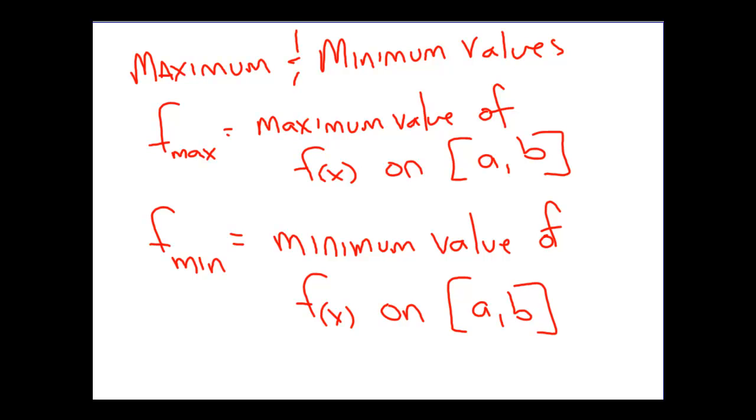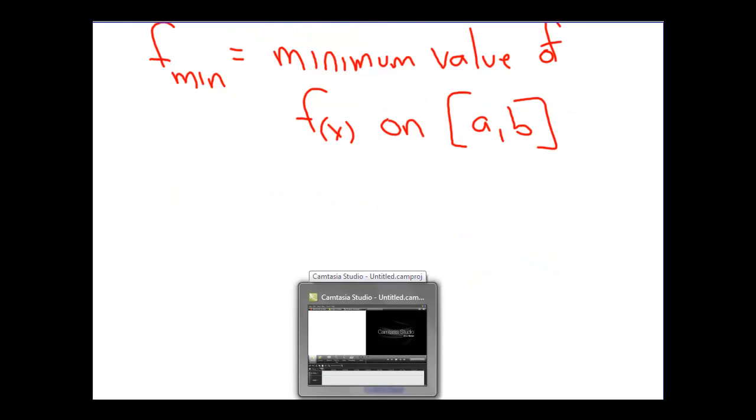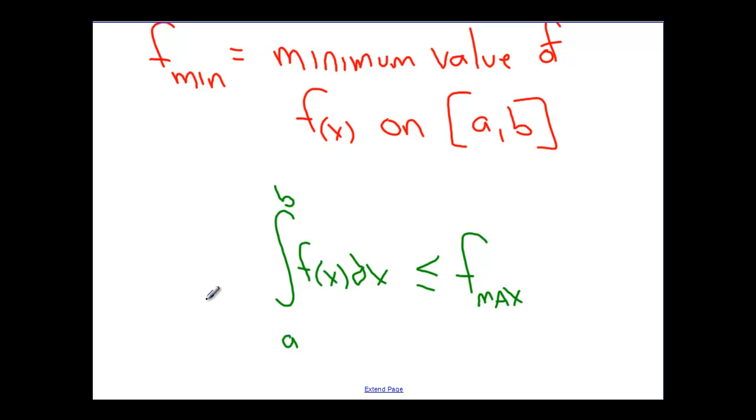Now, assuming that our function has a nice integral, one of the cool things that we can say here is that the integral from a to b of f of x dx has to be less than or equal to f max, the maximum value of the function, times the width of our expression.